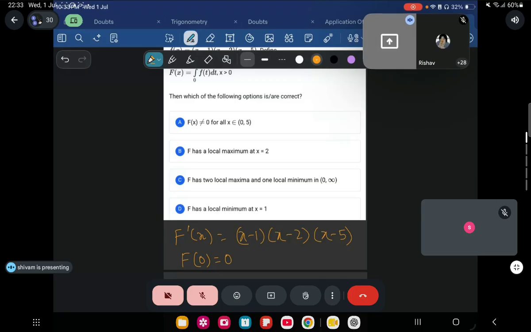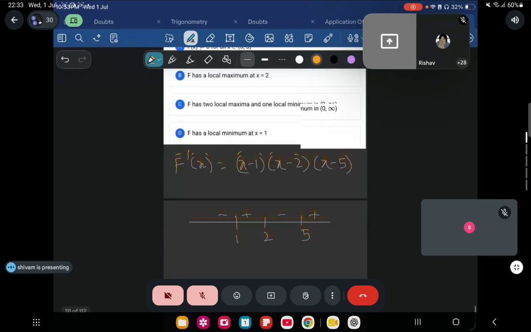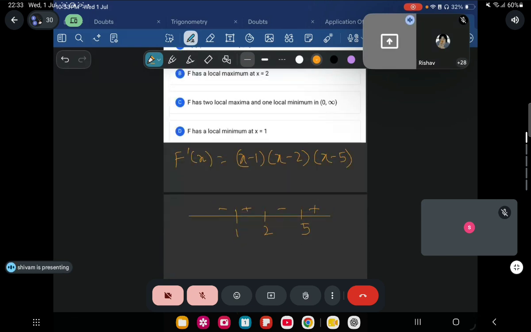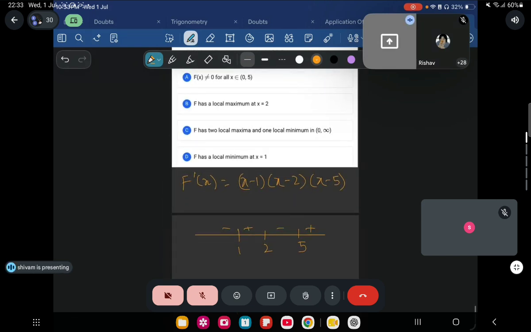Okay, f of 1. So over here, how many points are there? 1, 2, and 5. Negative, positive, negative. It is coming from the negative side, then positive, then negative, then positive. So over here, f dash x is decreasing.